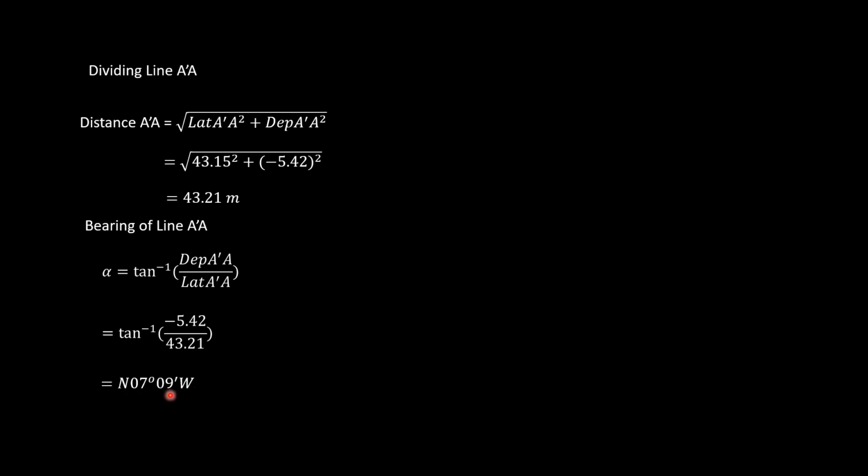The direction northwest is from the fact that the latitude is positive and the departure is negative. Now, the distance CA prime is 1/2 the distance of line CD, and the bearing of CA prime is the same as the bearing of side CD.